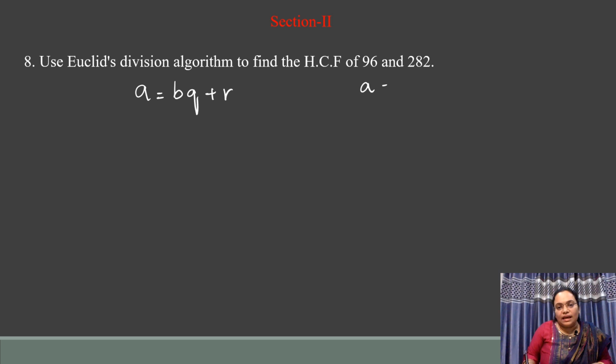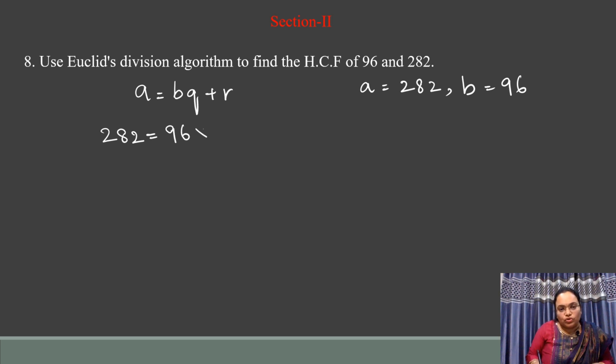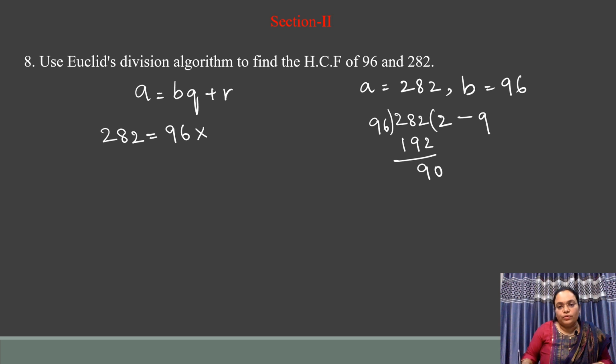So what is a? a is equal to 282 and b is equal to 96. 282 is equal to 96 into, let us divide 282 by 96, this is your q and this is your r, into 2 plus 90. You will take this as a and this as b.